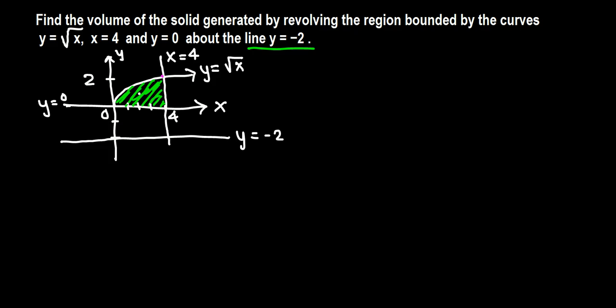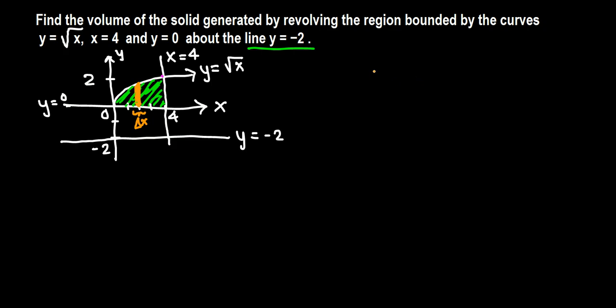We want to revolve about this line, and we are using the disk washer method. For that we want to draw a sample slice perpendicular to this y equals -2 line. This slice has a small width, delta x.